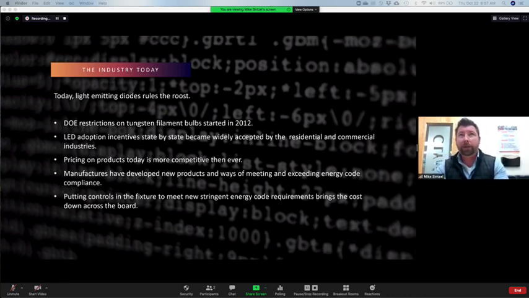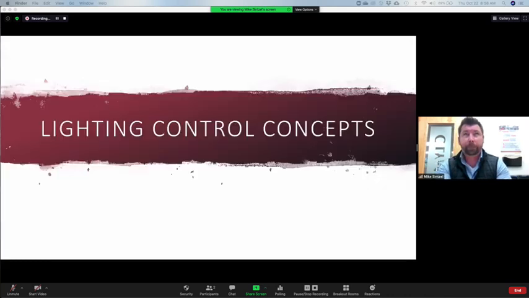So like I said previously, there are many different concepts that go into lighting control, and there's many different topologies. There's only a couple different dimming curves, but we're going to touch on all that so we get to that point where we can talk relatively about where LLLC is today. Lighting control concepts today.